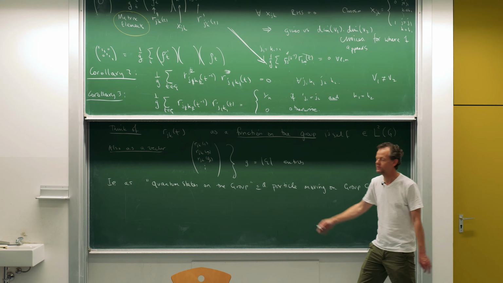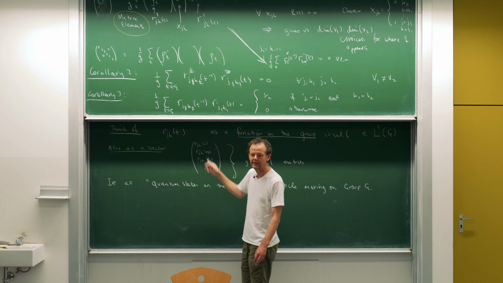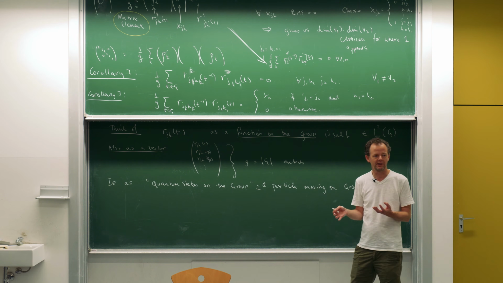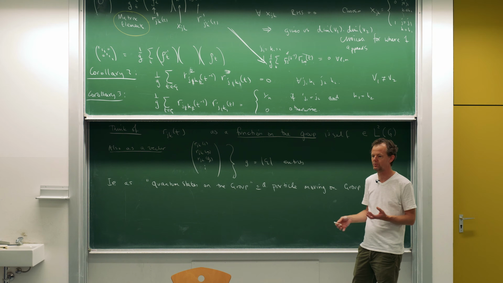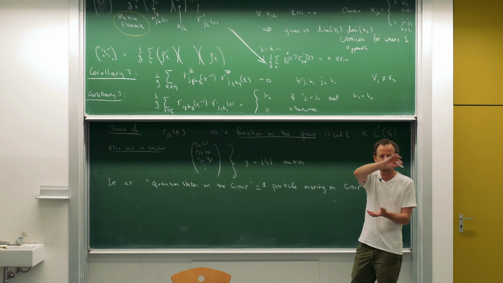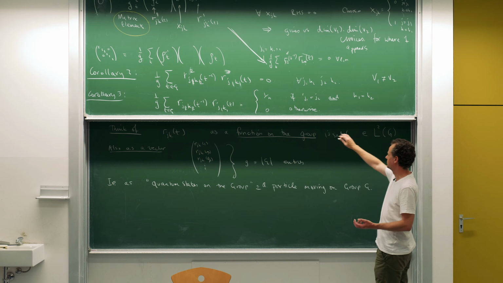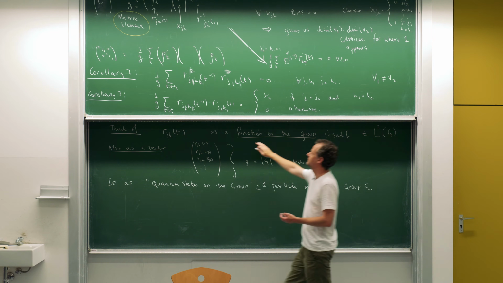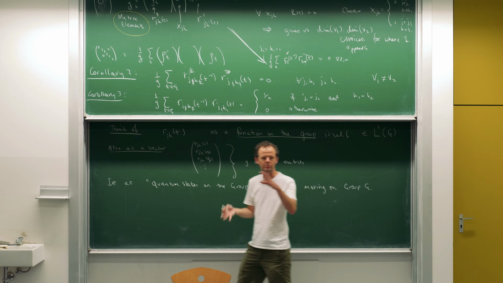I like to think of each of these vectors, for every choice of jk, as a quantum state of a quantum particle that's moving on this group. So the group is kind of like the position space, and the particle is allowed to get into superposition over this group, and one of these functions is just one of these quantum states.